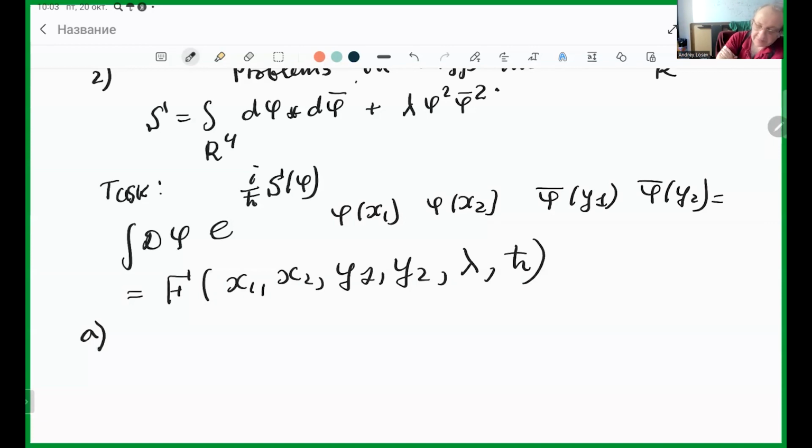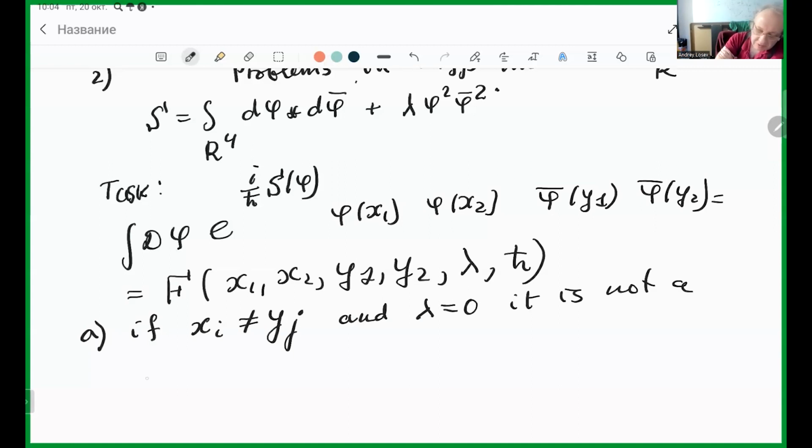If x_i is not equal to y_j and lambda equals 0, it is not a problem.